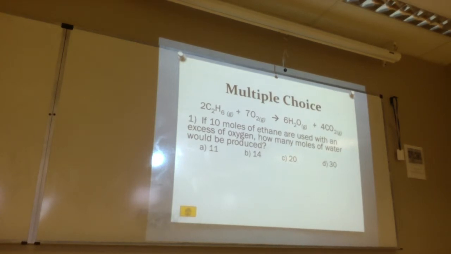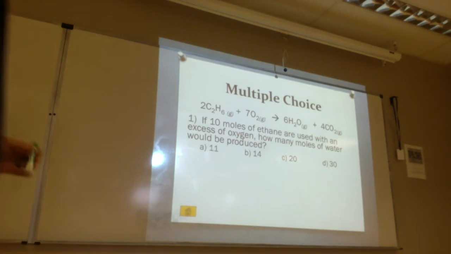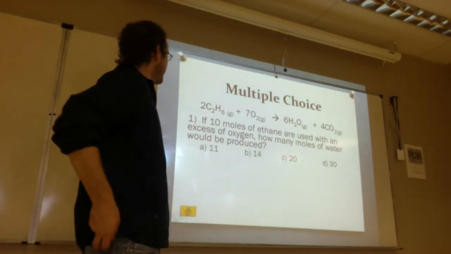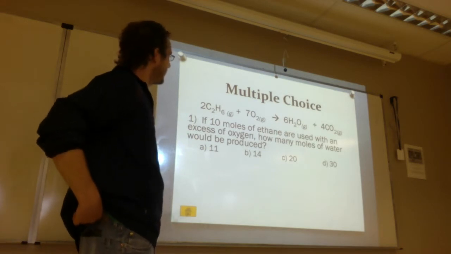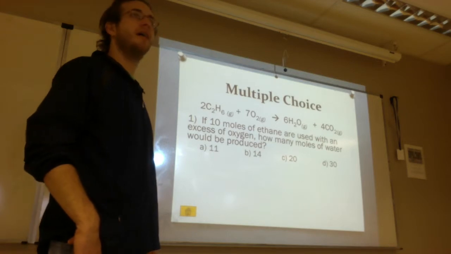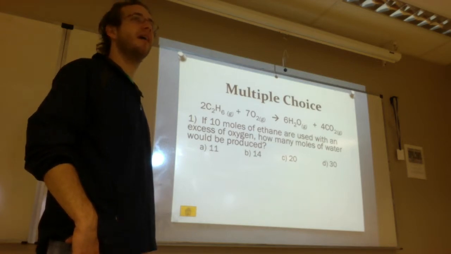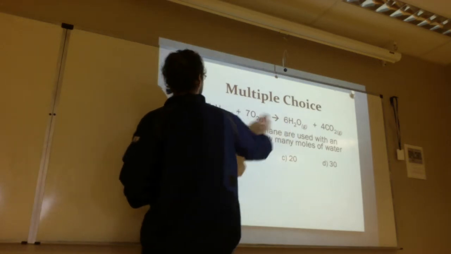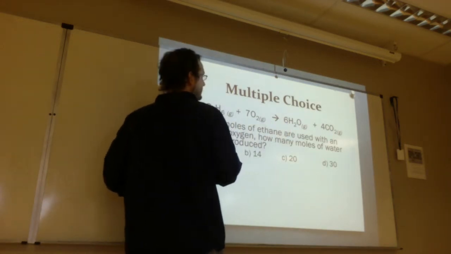Roman, how did you do that? Well, if the ethane is limiting and controls the amount of moles yielded, you multiply 10 moles by 6 over 2, because there are 6 for water and 2 of ethane, and then you get 30.